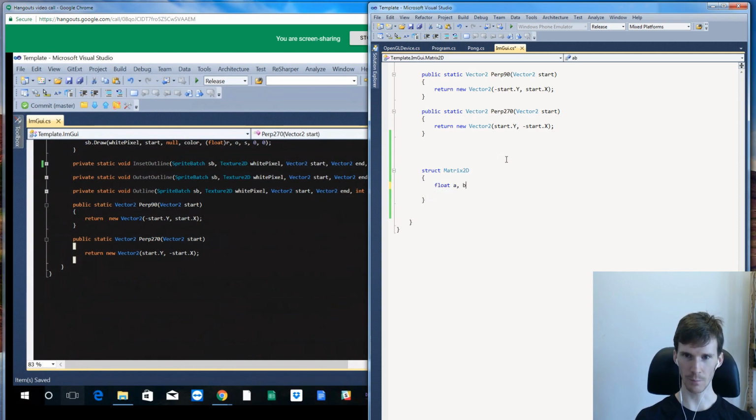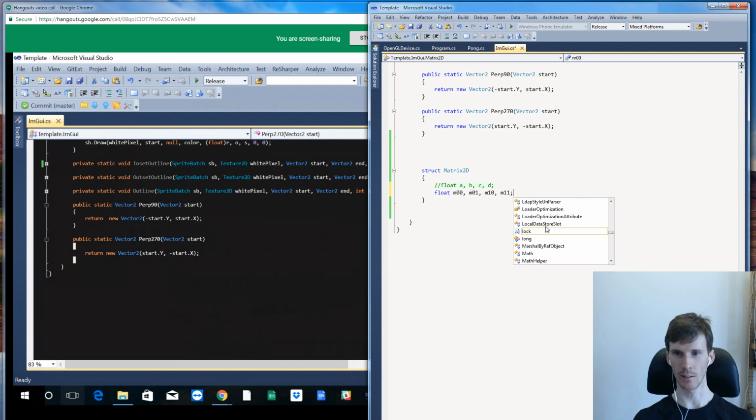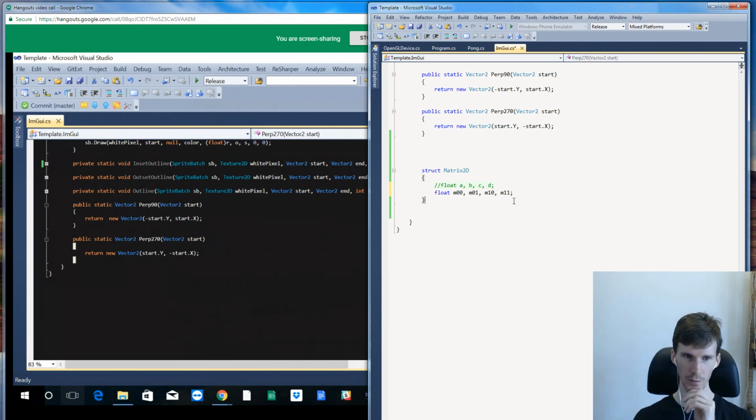And float A, B, C, D. This is one way we could do it. This is the other way, the other common notation. Yeah, I've seen that before. I kind of prefer this one, just because it makes it clear.